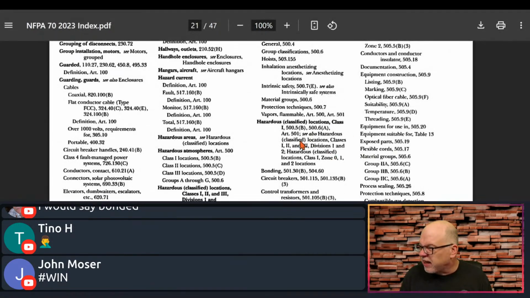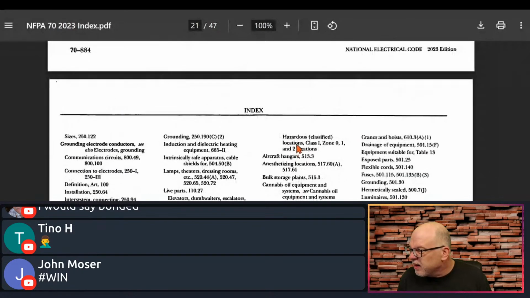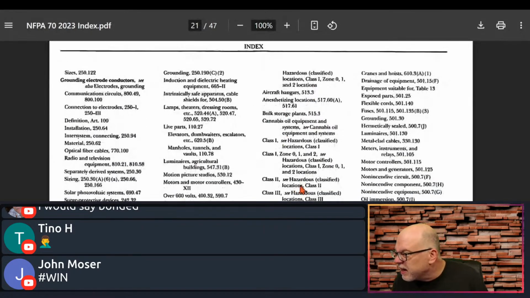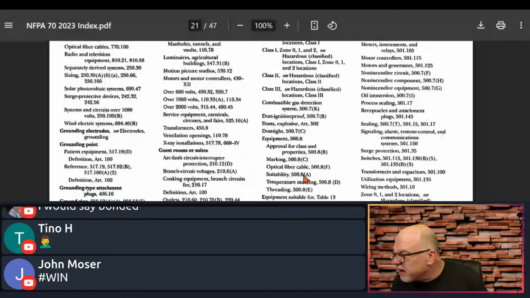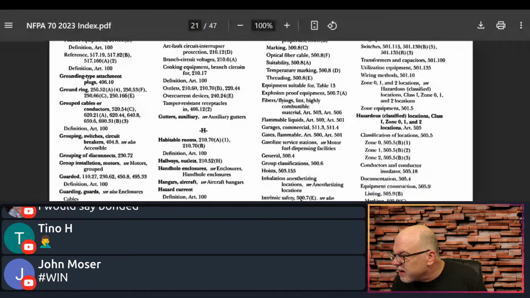So here's hazardous locations, but let's just go to the general hazardous locations right here. All right, and let's just see if there's anything in here that might get us anything. See here what might be in here. So I'm looking, I see nothing here that would be beneficial.